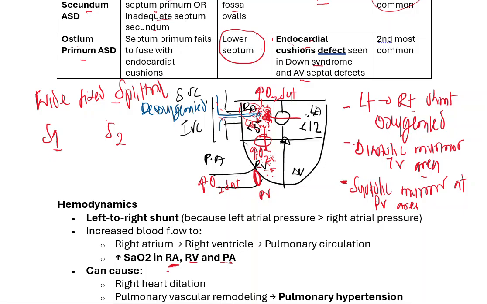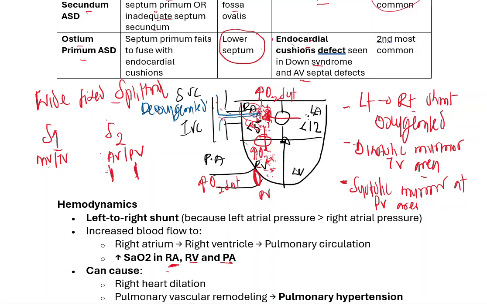When the mitral and tricuspid valves close, they give the S1 heart sound, as opposed to when the aortic valve and the pulmonary valve close, they give the S2 heart sound. Sometimes the S2 heart sound can split into two.